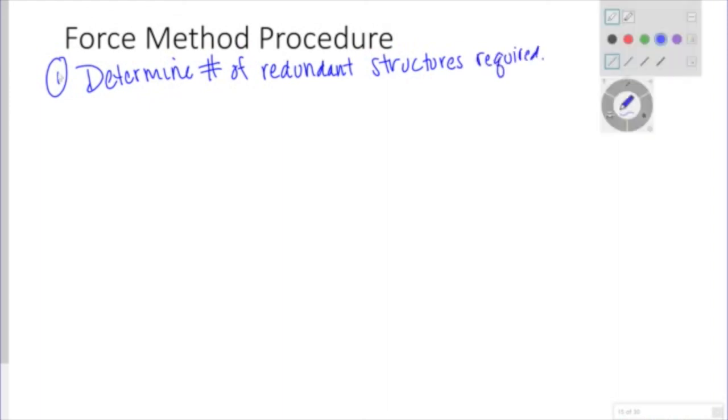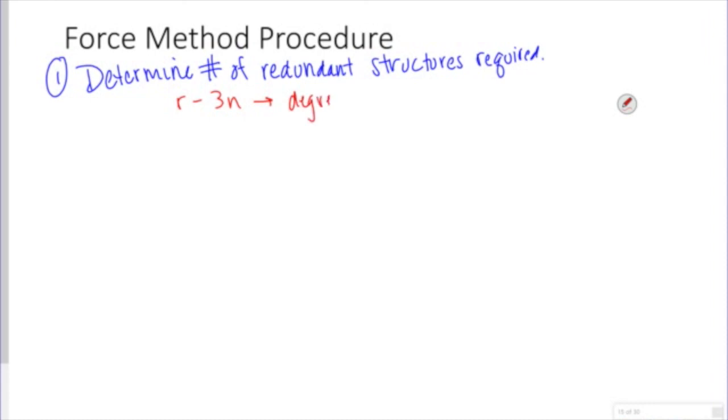Right, remember it's equal to your indeterminacy, so R minus 3n is your degree of indeterminacy. And number of redundant structures.